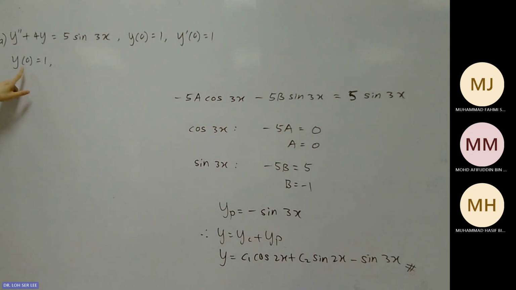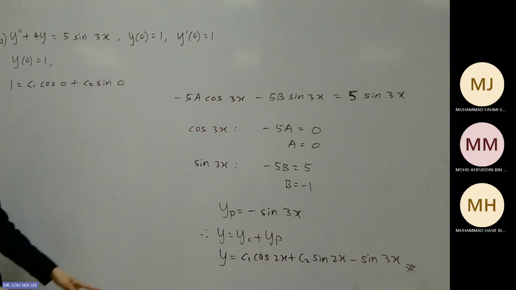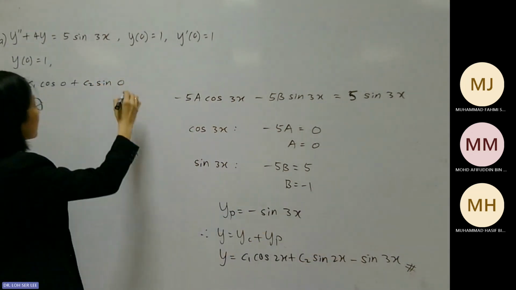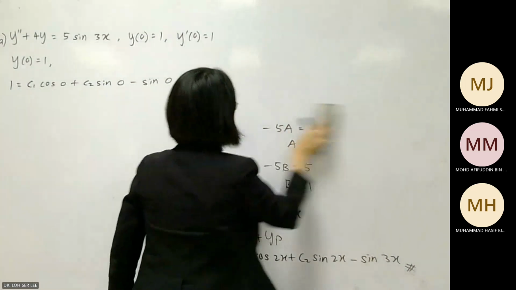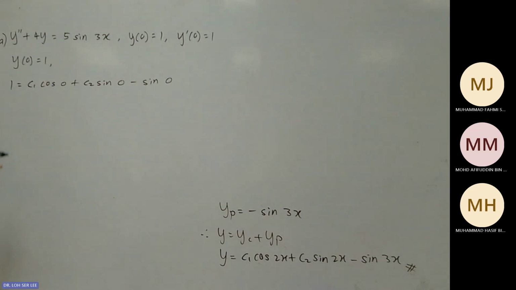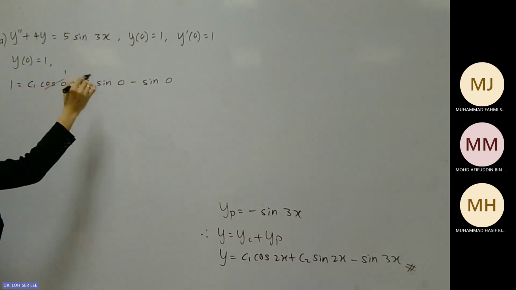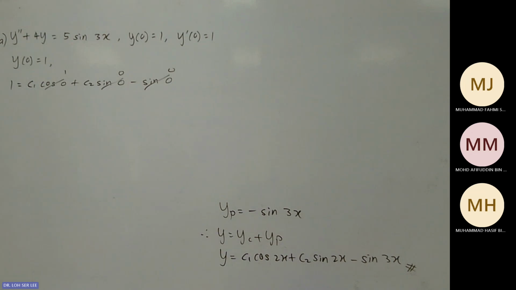When x is 0, y is 1. So you have C1 cos 0 plus C2 sin 0 minus sin 0. Cos 0 is 1, sin 0 is 0. So meaning that C1 is 1.